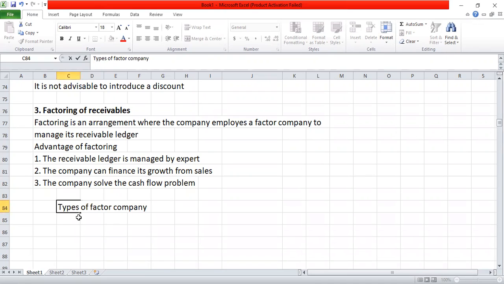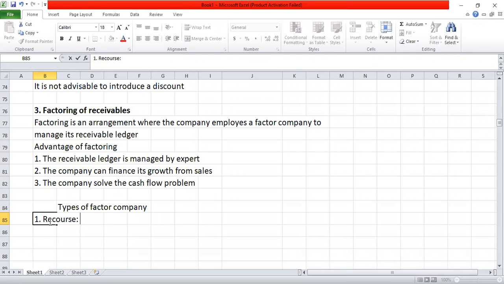We have what we call recourse and non-recourse.